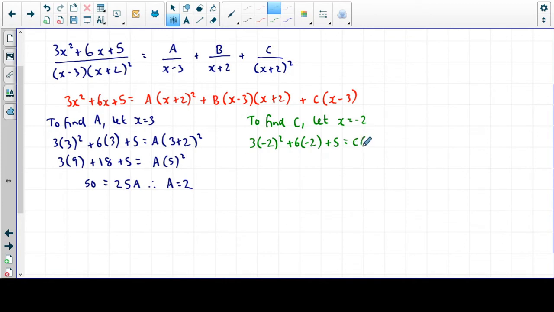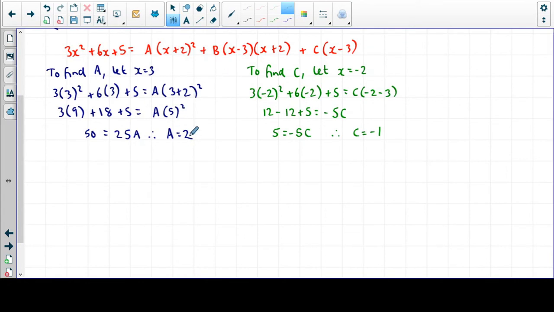I'll just be left with c times negative 2 take away 5. Take away 3. That's going to give me 3 times 4, which is going to give me 12. Take away 12 plus 5 is equal to negative 5c. Therefore 5 is equal to negative 5c. Therefore c is equal to negative 1.